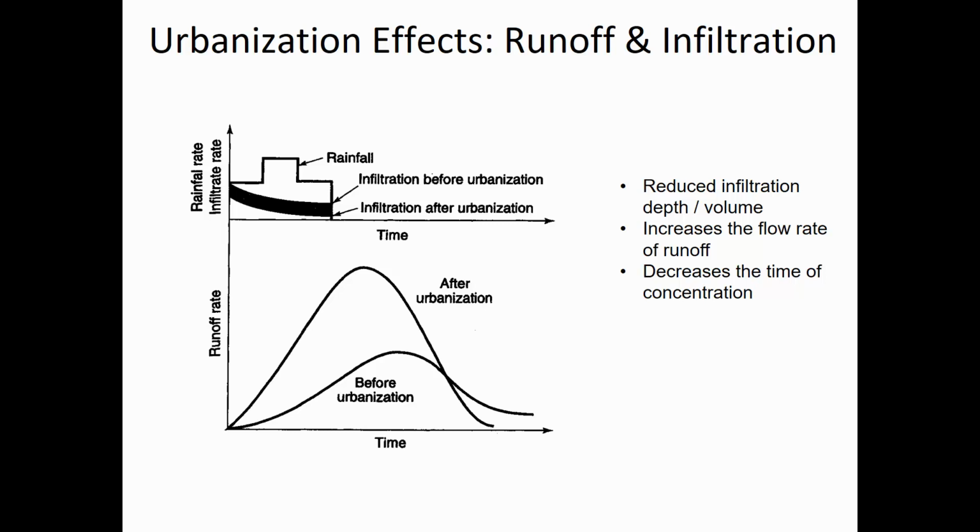And so, number one, we changed how quickly the water is able to move over the surface, and especially when we add channels in. If you think about a gutter or a pipe, water is able to flow much more efficiently through an engineered conduit than it can through a natural channel. And then the other half of that equation is that in addition to speeding up water, through urbanization you've also increased the amount of impermeable surfaces.